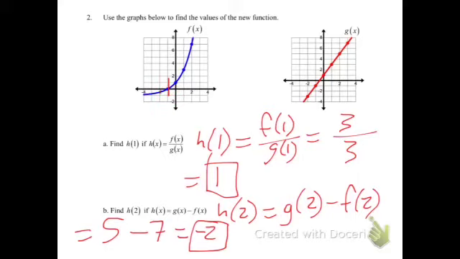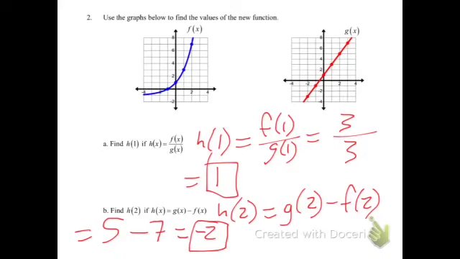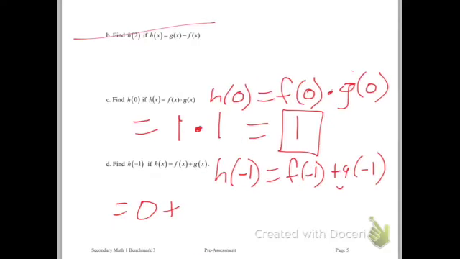And my graph is actually 0 tall. The y value there is 0, so f of negative 1 is 0. And I'm going to have to add g of negative 1. So go to my g function, where x is negative 1. My graph is negative 1 tall, so g of negative 1 is negative 1. 0 plus negative 1 is negative 1, and that one is done, and that is the entire assignment.